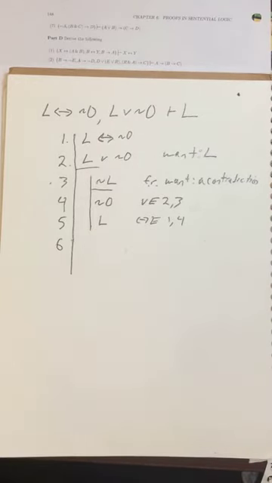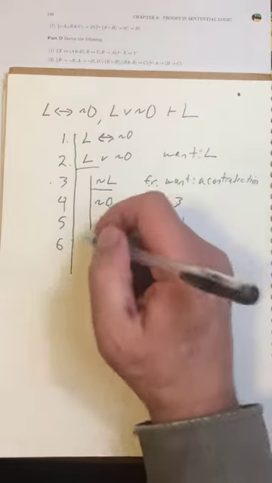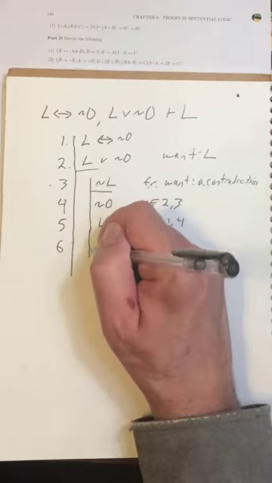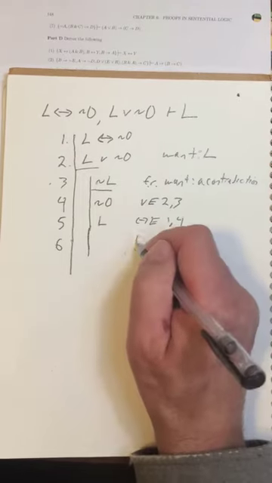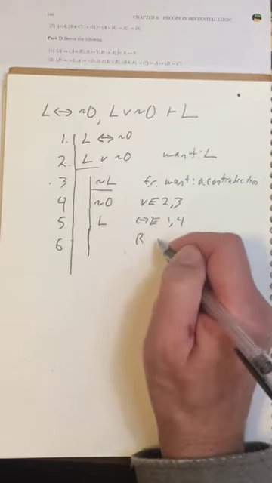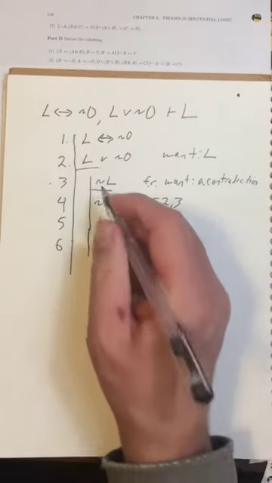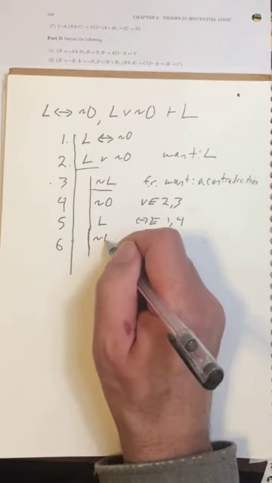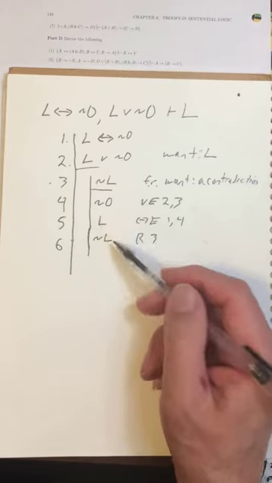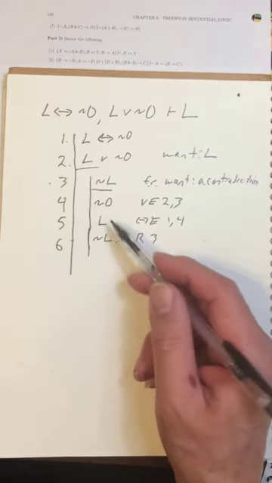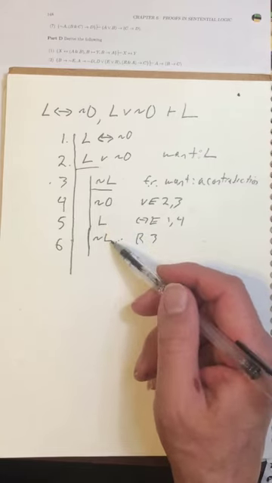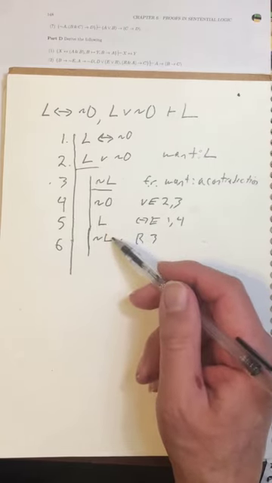Fortunately, there's another rule, which the book actually introduced really early on, and we just haven't used at all. It's called repetition. We just mark it there with an R, R3, L, and not L. Now look at this. This is a contradiction, right? You've got L and you've got not L. These two statements are contradictory.